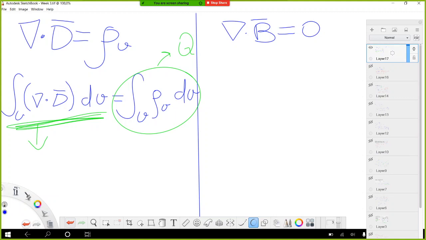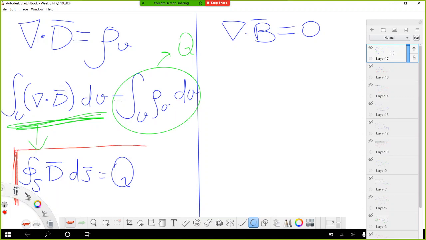When we apply the divergence theorem, we switch from volume integral to surface integral, and the integral of D ds is equal to the total charge Q. This equation is Gauss's law.